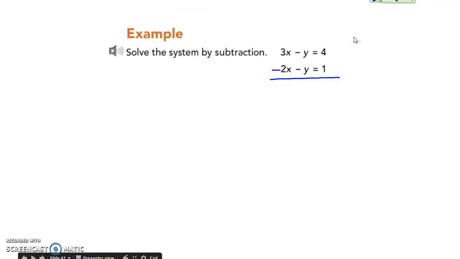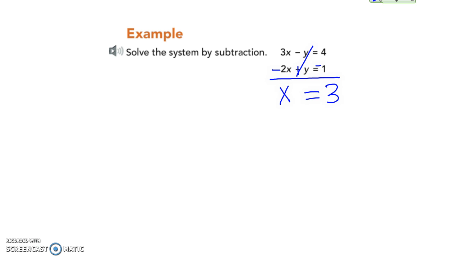Because when I change the sign of each of the parts of the second equation, now I have minus y and plus y, which is exactly what I need for them to cancel out. So now I'm going to do 3x minus 2x and get 1x, or just x, minus y plus y, additive inverses, they cancel, and then 4 minus 1 is 3. And wow, that was nice. I didn't even have to do any extra work there. They gave me x equals 3.